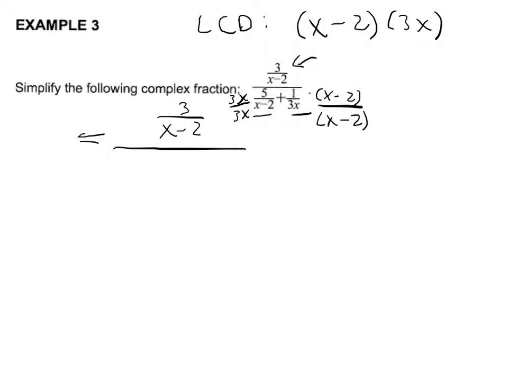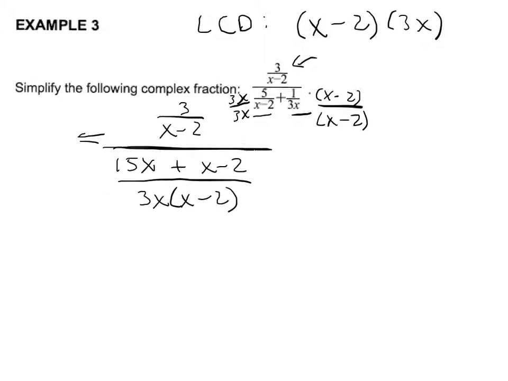When I do this, I get 15x plus x minus 2, so just multiplying the 1 times the x minus 2, and then our common denominator is 3x times x minus 2.